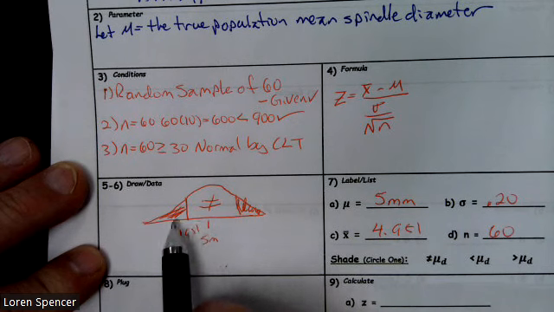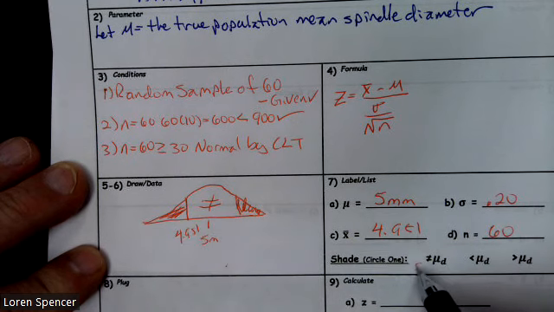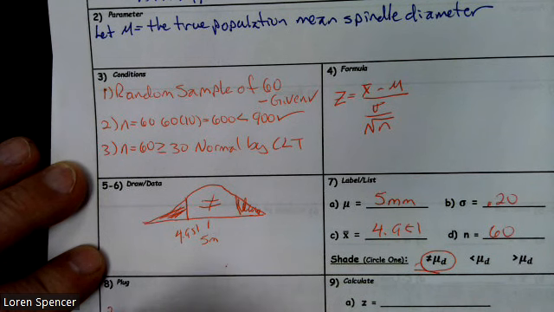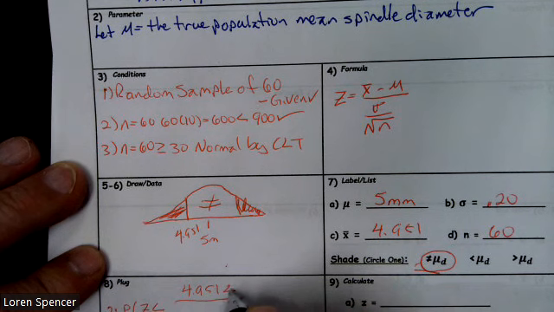So we need to plug in. This is a not equal to, so 2 times the probability that z is less. The reason it's less is because when I plug in, I see that 4.951 is less than 5.